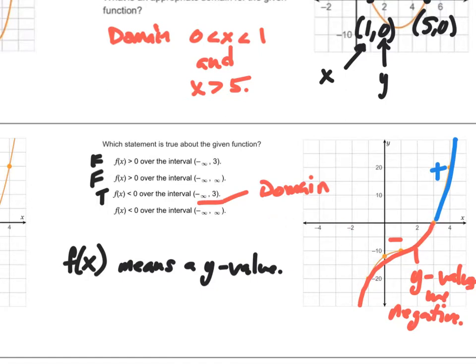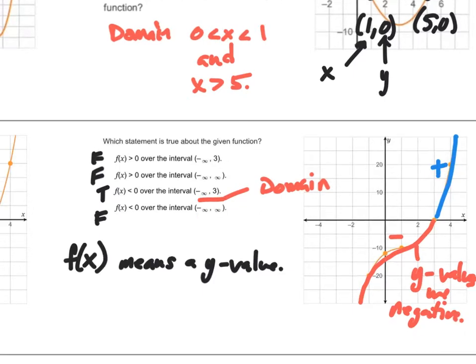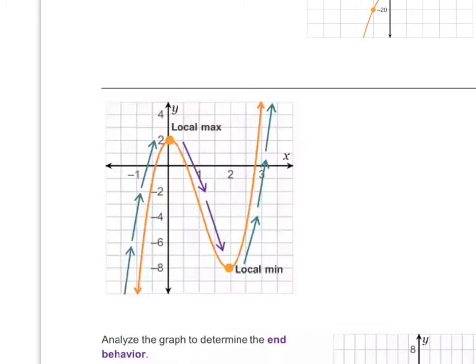So that's true. The other one says that f of x is less than 0 over the interval from negative infinity to positive infinity. That is false because the y values are positive here and negative here. All right, let's look at another one.